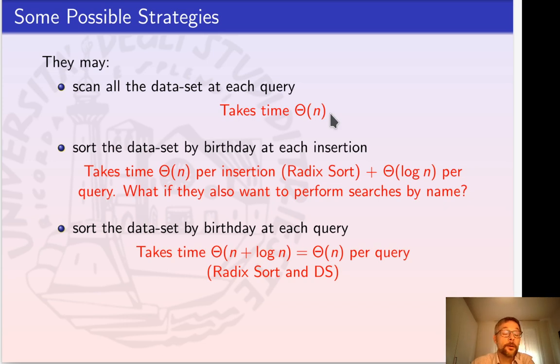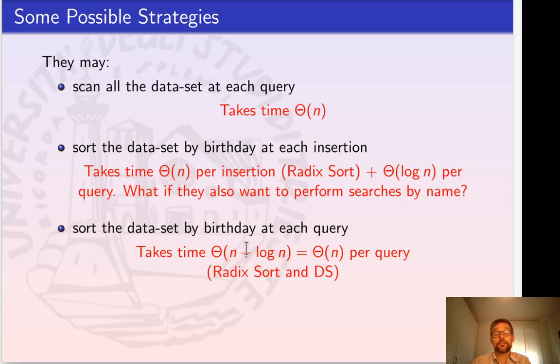In any case, the worst case scenario, so the upper bound for this strategy, is big O of n. And what about the third strategy?